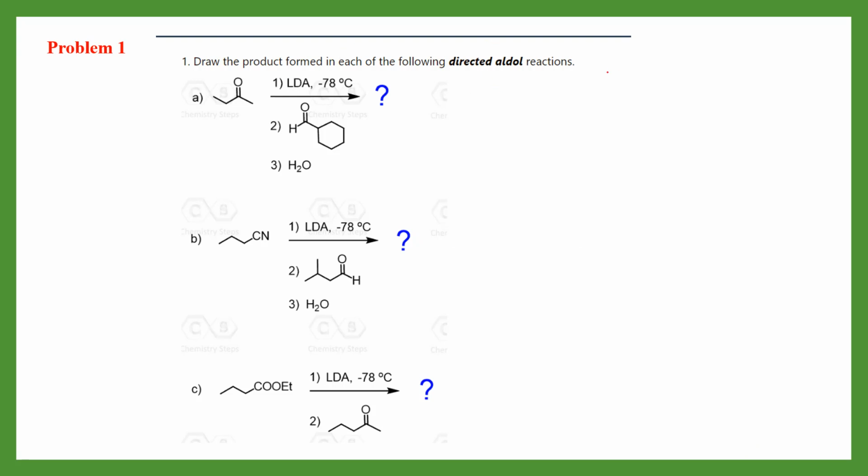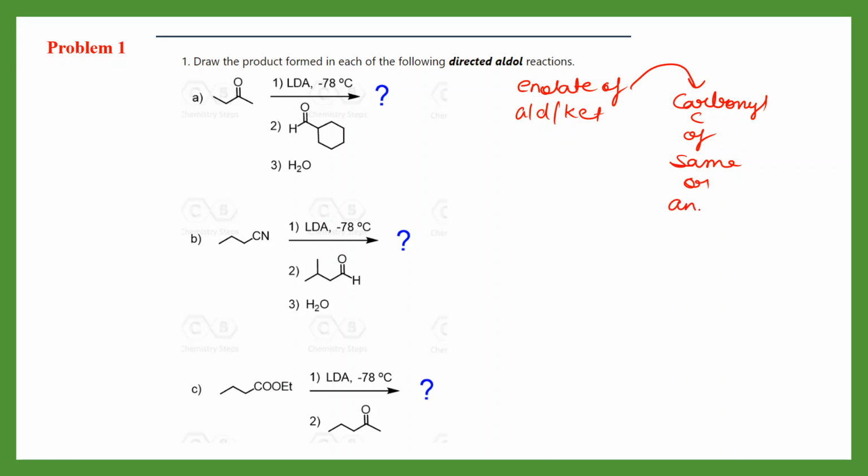We know that when the enolate of an aldehyde or ketone attacks the carbonyl carbon of the same or another aldehyde or ketone, it forms a beta hydroxyketone as a product. That reaction is known as the aldol reaction.